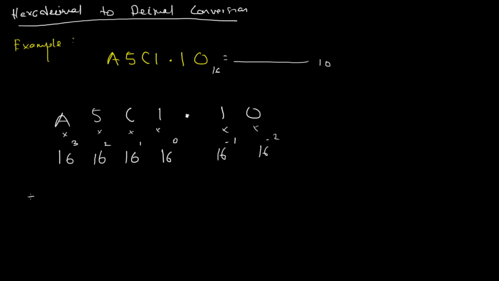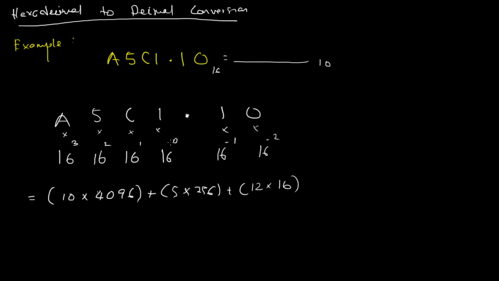Instead of multiplying like that, you can write it in a different way: 10 multiplied by 16 to the power 3, which you can calculate with your calculator, plus 5 multiplied by 16 to the power 2, which is 256, plus C, which is 12, multiplied by 16.